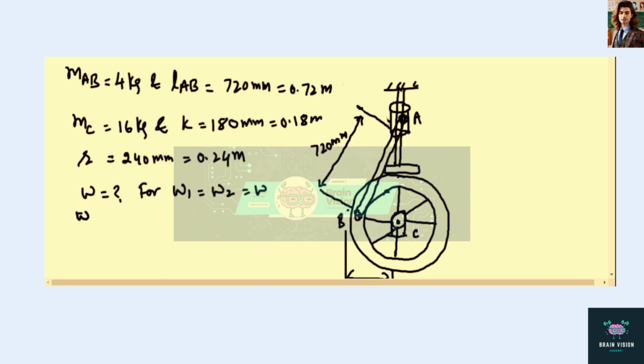Omega 1 is the angular velocity in the position shown, and omega 2 is when point B is just below C.